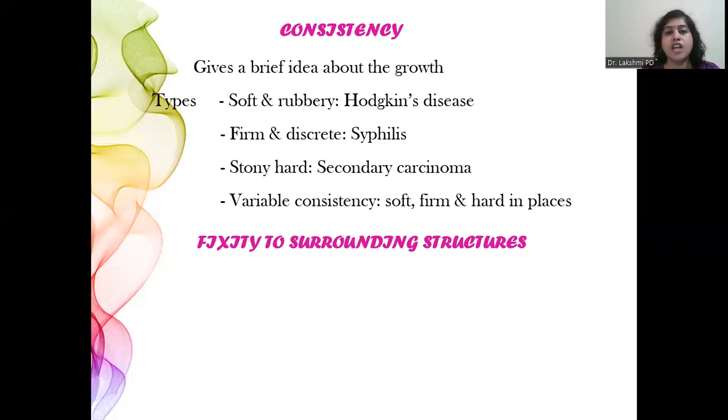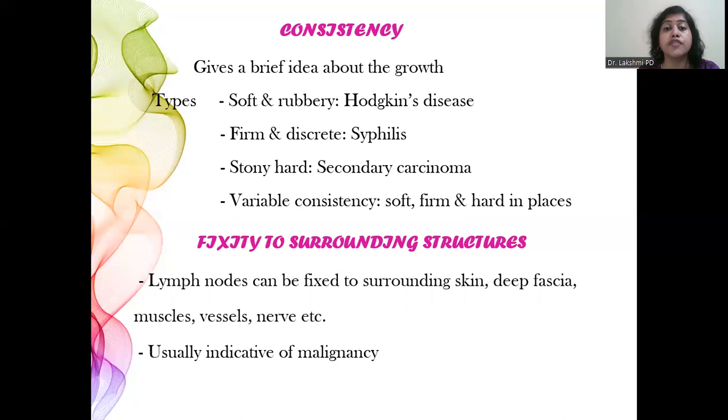Now, moving on to the last point that you have to keep in mind while checking the palpation of your lymph nodes, which is your fixity to your surrounding structures. Usually all your lymph nodes that are palpable will be freely movable. Whether it's your ENT infection, or a dental reason like chronic periodontitis, all these lymph nodes that are palpable might be tender.